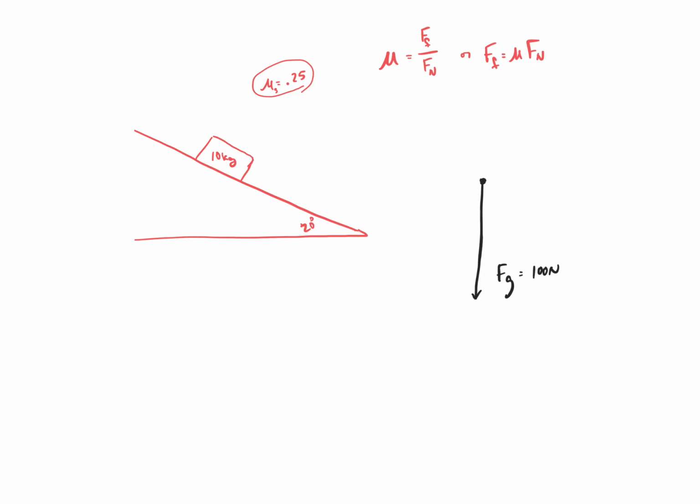Go ahead and do my angle here. Rotate my axis based on the ramp. I now know that my force of gravity into the ramp, my FGY, will be there. Force of gravity down the ramp, FGX, is there.